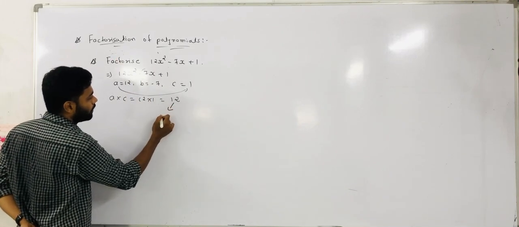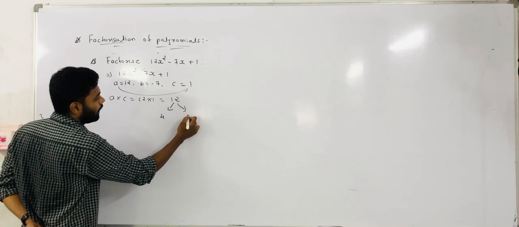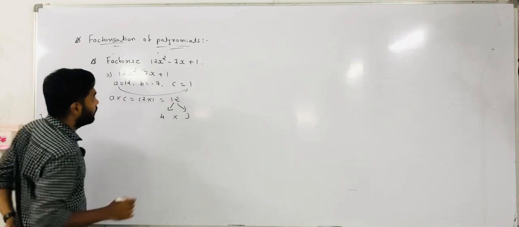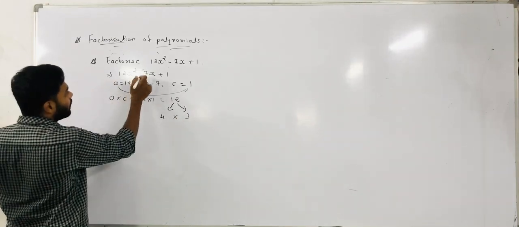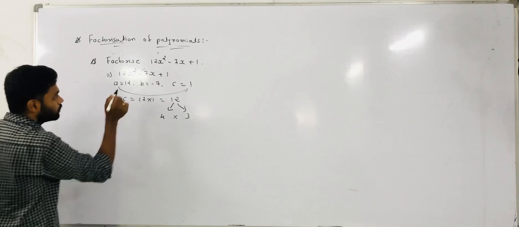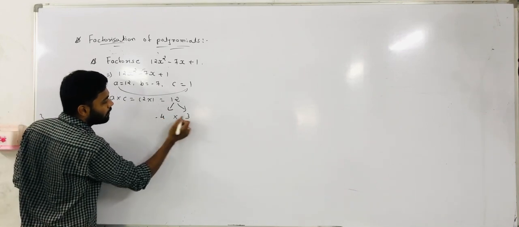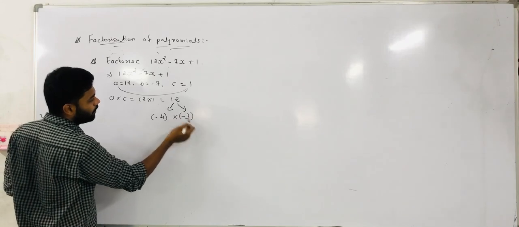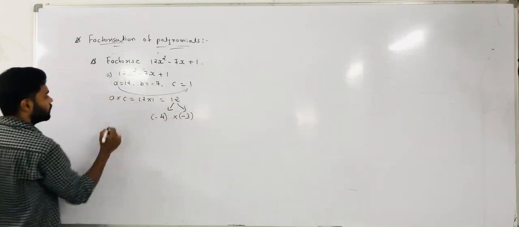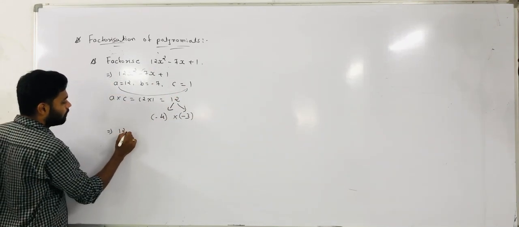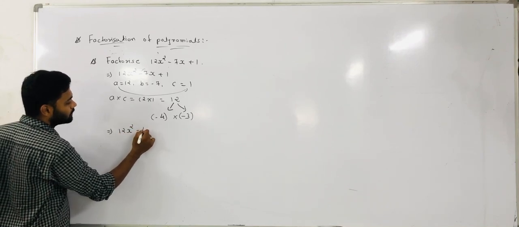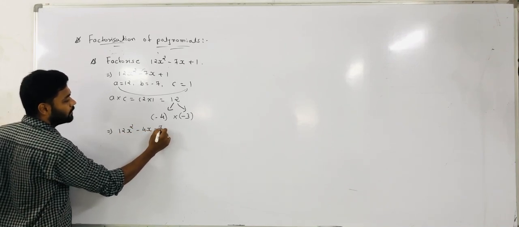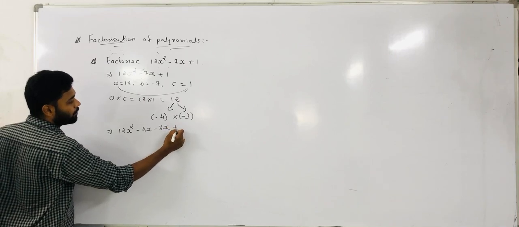So we know that factors of 12 are 4 and 3. 4 into 3 is 12. But the middle term is negative, so both factors are negative, and we know that multiplication of negatives is also positive. So our middle term can be split in two parts, that are minus 4x minus 3x plus 1.